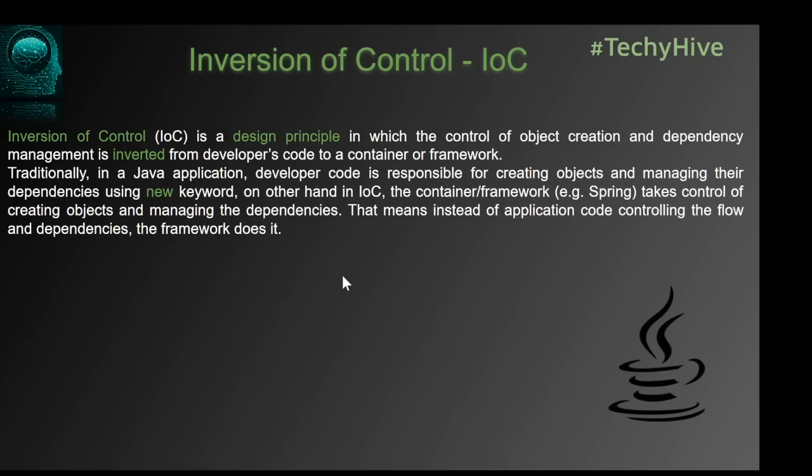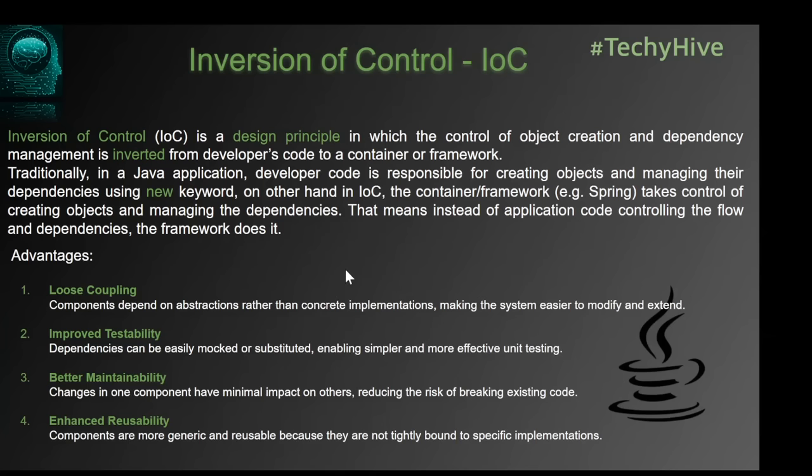Let's see the advantages of using IOC in an application. Here is the list of advantages, and the first advantage is loose coupling. Components depend on abstractions rather than concrete implementation, making the system easier to modify and extend. Improved testability. Dependencies can be easily mocked or substituted, enabling simpler and more effective unit testing.